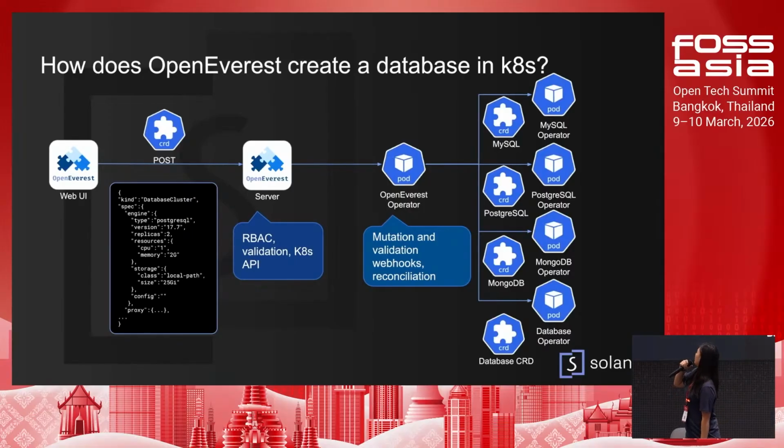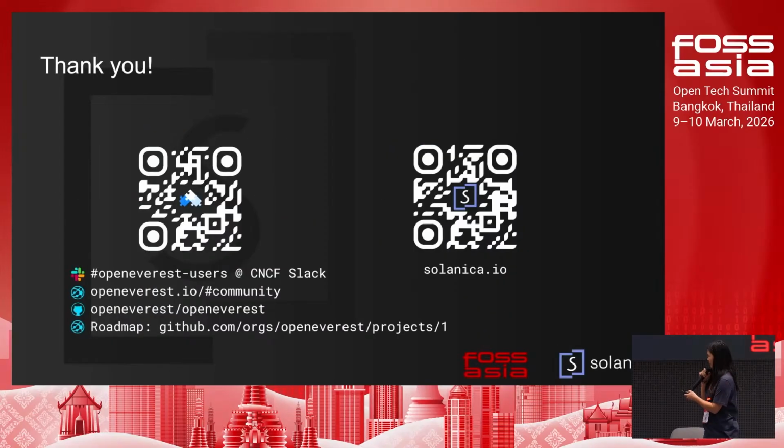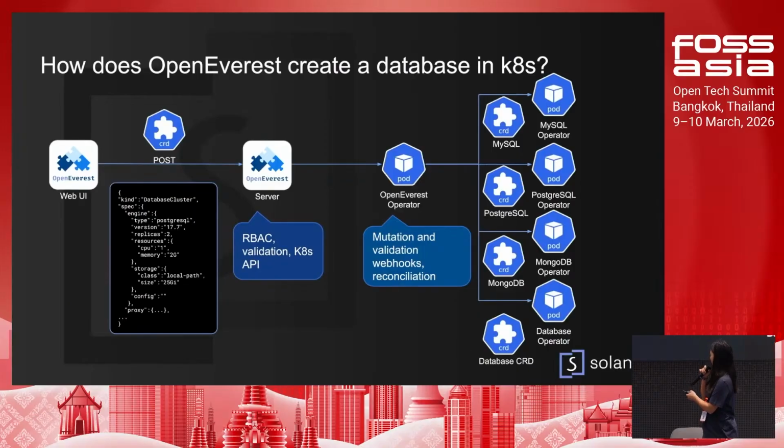So how does OpenEverest create a database in Kubernetes? OpenEverest has a web UI that I've just shown in the previous screen, and the web UI collects form input and then sends a request to the OpenEverest server. And actually, the payload here is the custom resource I've shown earlier.